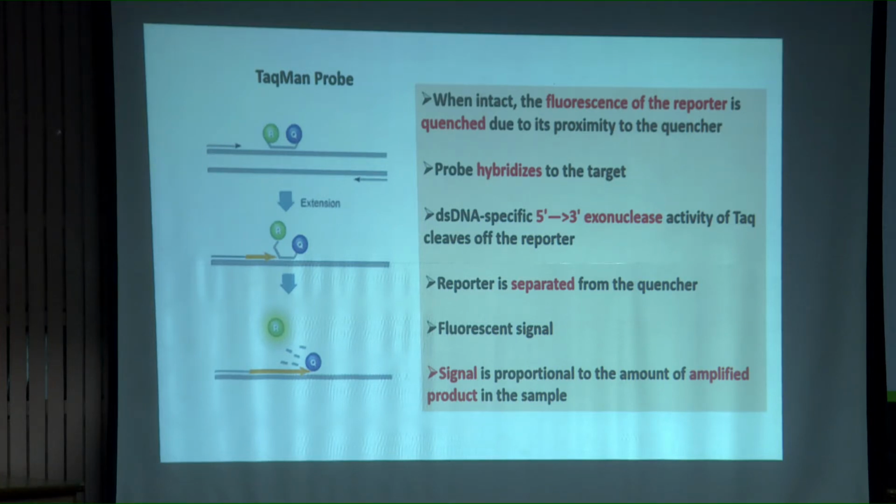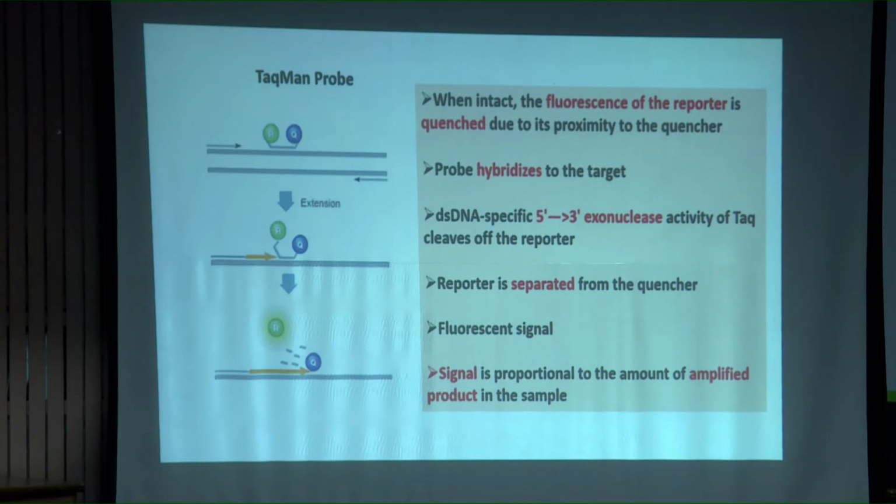Now, the Taq polymerase, in addition to its polymerase activity, also does exactly the opposite action in a different direction. Remember this point: that is called 5' to 3' exonuclease activity. This is so important in qPCR. We are exploiting the additional character of this Taq enzyme.